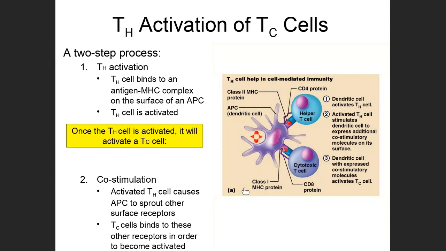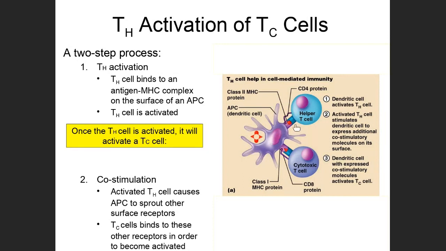But notice that the first thing that happens to activate a cytotoxic T cell, these ground troops in the cell-mediated system, is we first have to activate the helper T. Here we've got a helper T that is being displayed an antigen that was found by this dendritic cell, the antigen presenting cell, and we're getting activation of the helper T through that process.